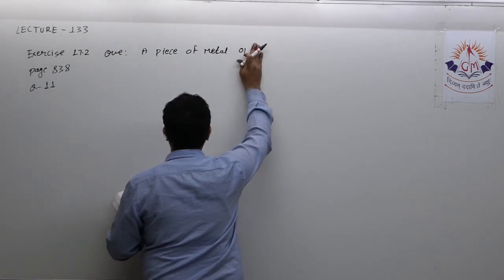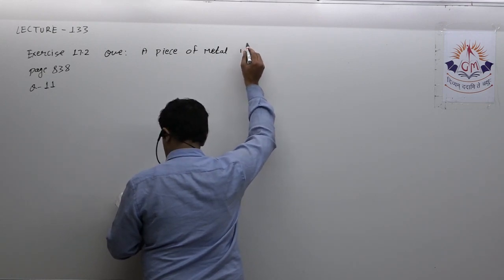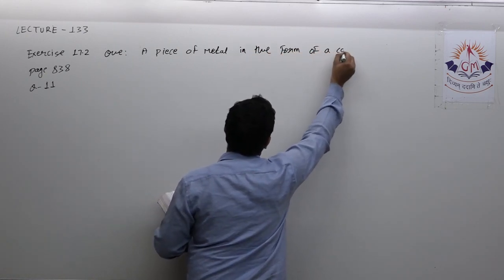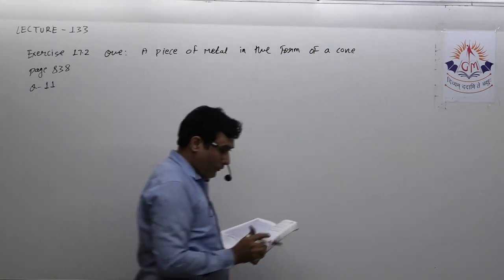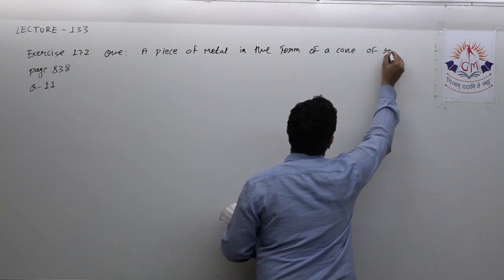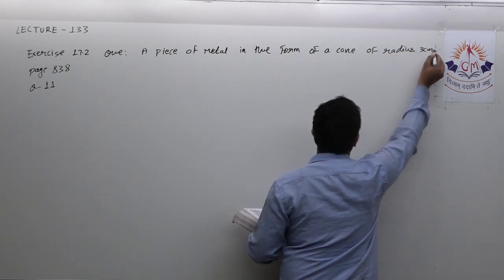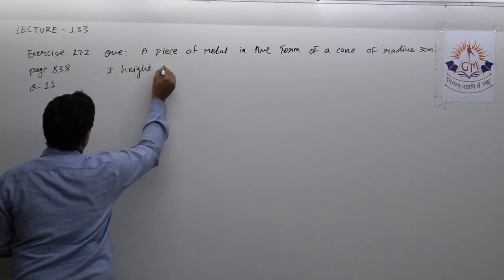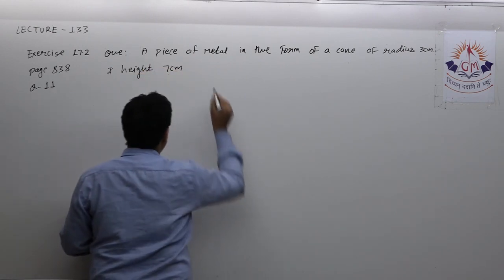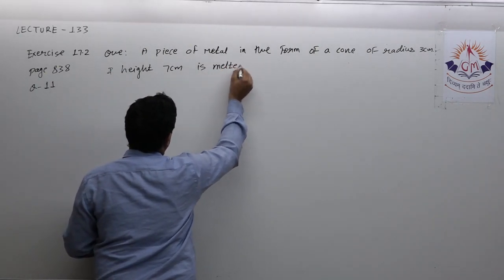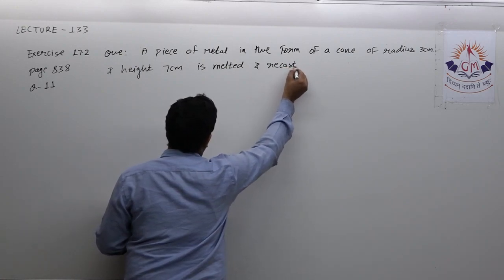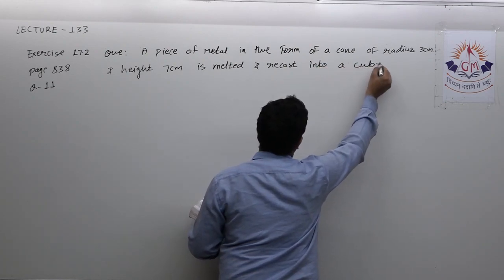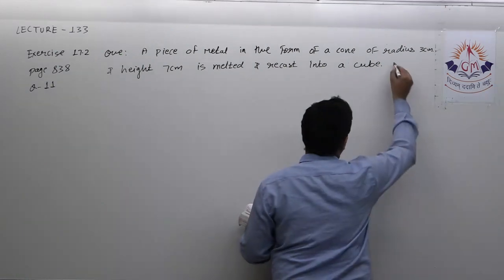A piece of metal in the form of a cone of radius 3 centimeter and height 7 centimeter is melted and recast into a cube.